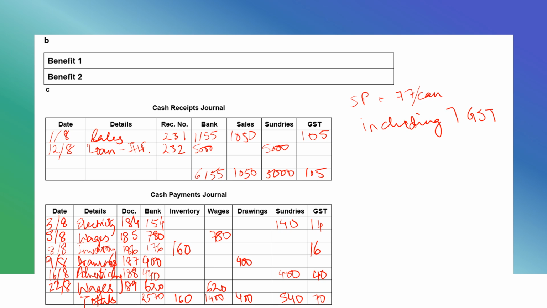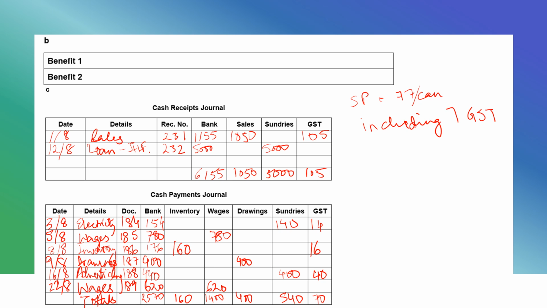So that's what we've done here. Bank out is for 40, and we have split that up into sundries and GST. Then on the 22nd, you've got paid wages again, 620. Bank is again 620. That's what's going away from the bank, and wages 620.